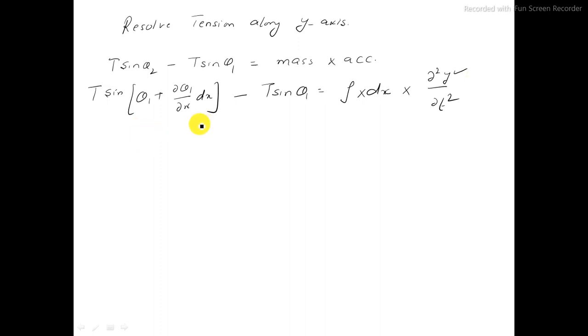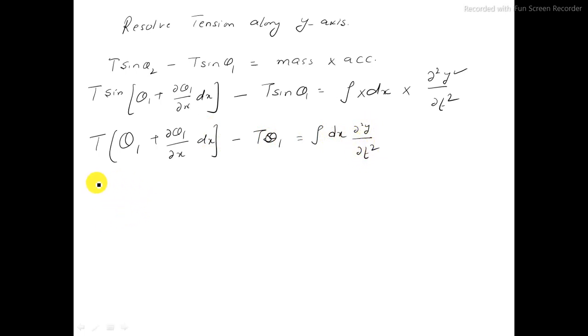For very small theta, sin theta will be equal to theta. So we will eliminate sin theta from this equation and only write theta 1. We will multiply T theta 1, and T theta 1 will cancel.